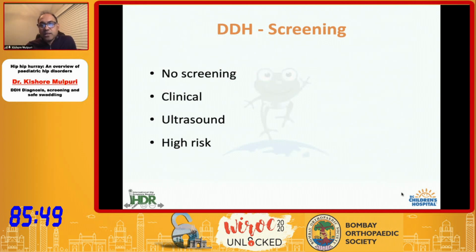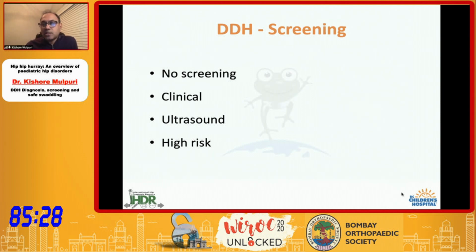So now when we talk about screening, and I'm going to combine a bit of screening and diagnosis together in this, screening can go from no screening, which is what happens in lots of parts of the world. You would hope that 100% of the children are clinically screened because it's something that can easily be done by anyone.